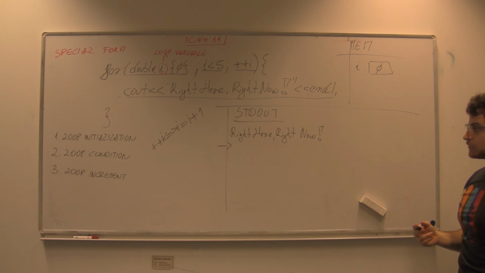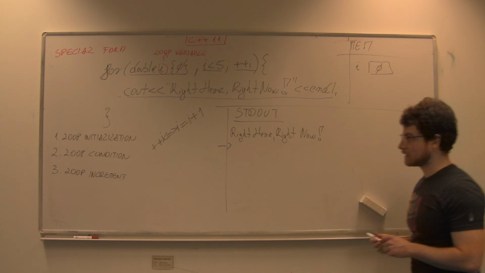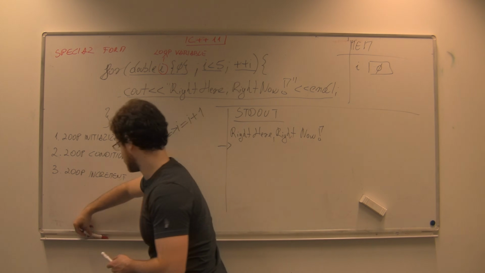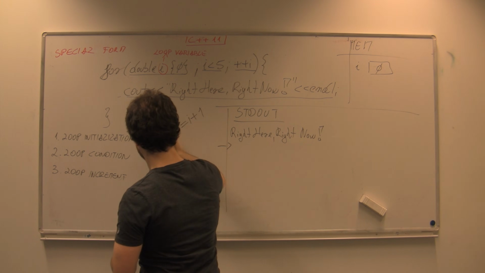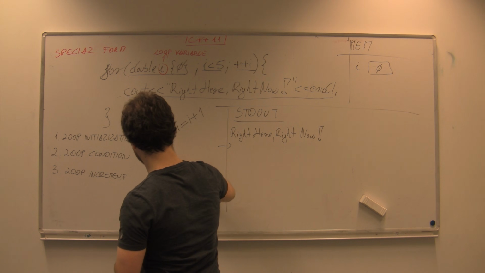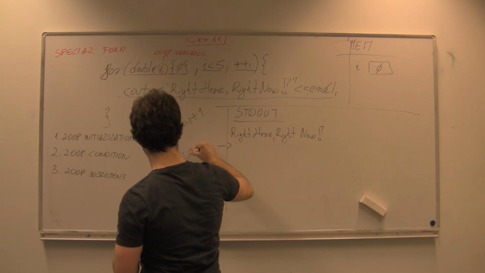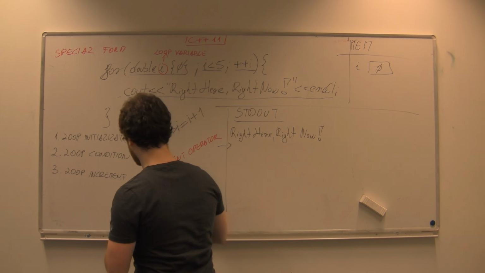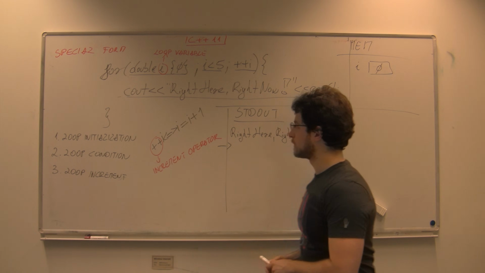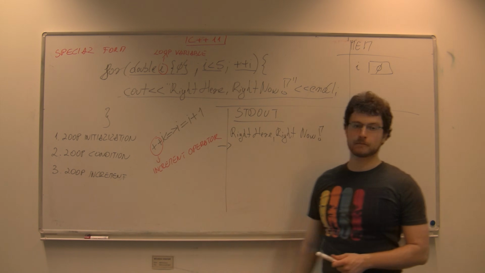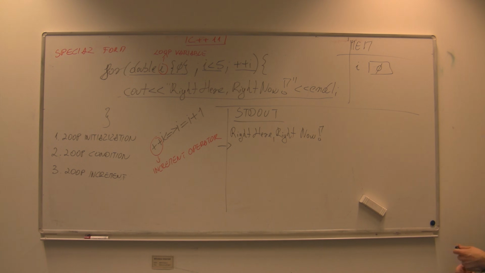And this we know how to execute. The operator plus plus is known as the increment operator. And it's just a shorthand for writing this expression. It saves us a character.